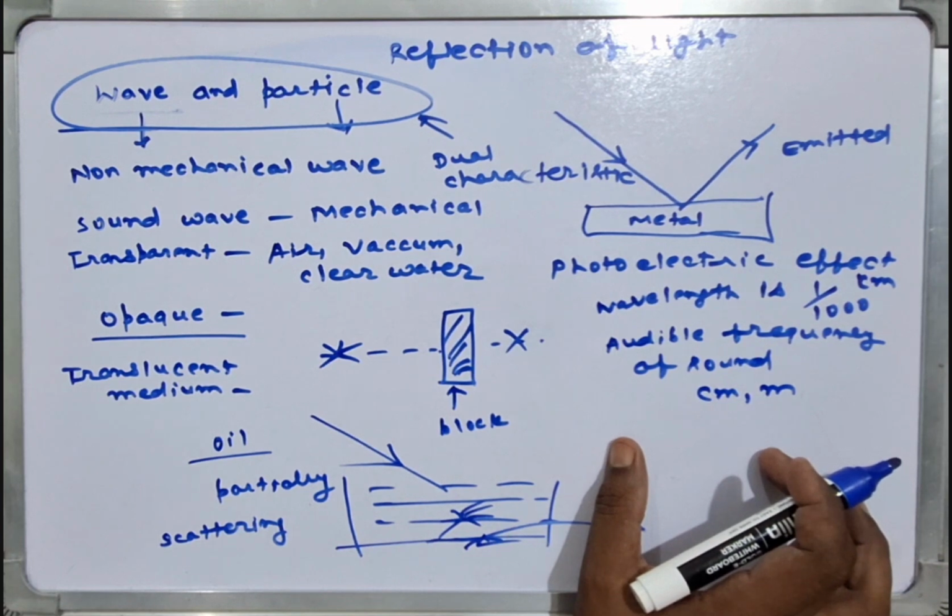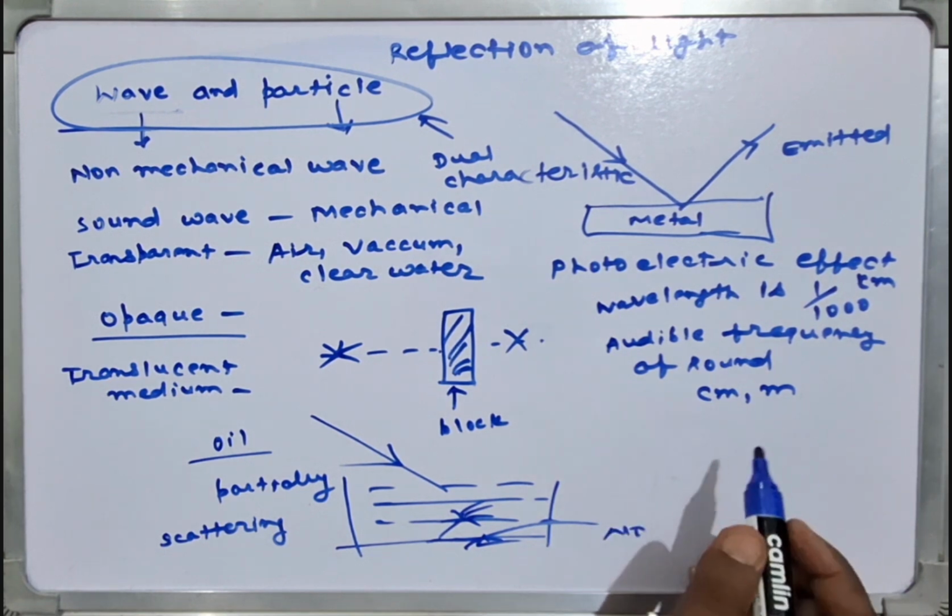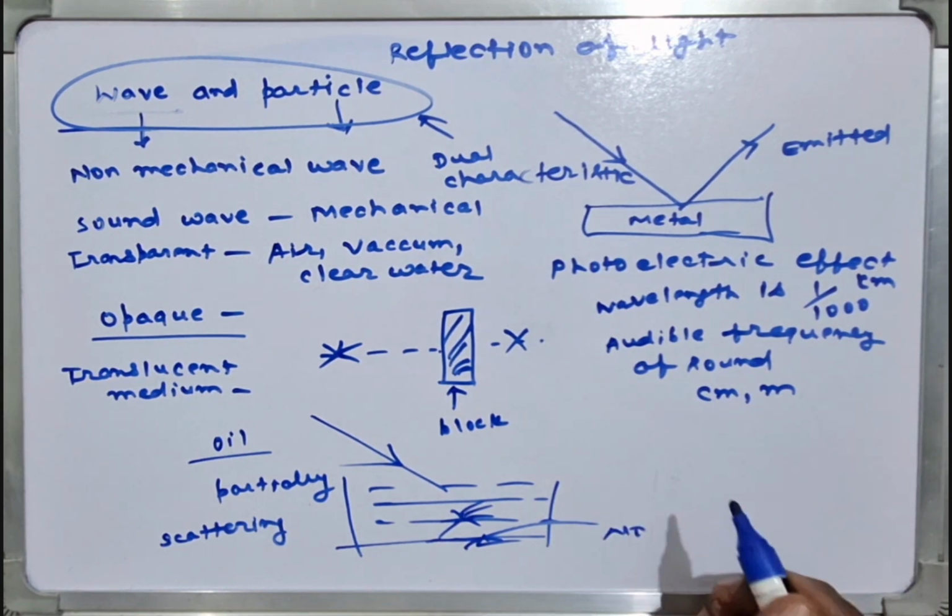You know the approximate velocity of light in vacuum is 3 lakh kilometer per second. However, the velocity of sound in air is only 332 meter per second. Next we will see the law of reflection of light.